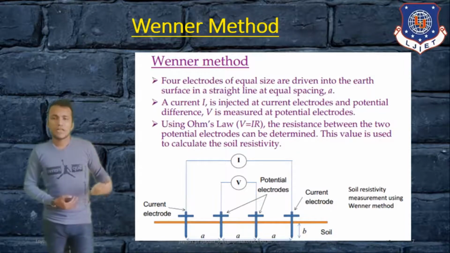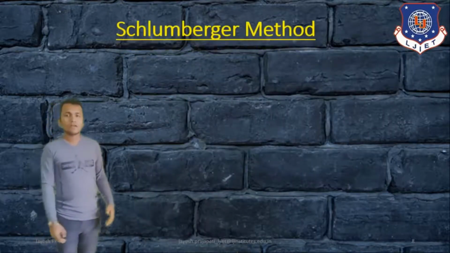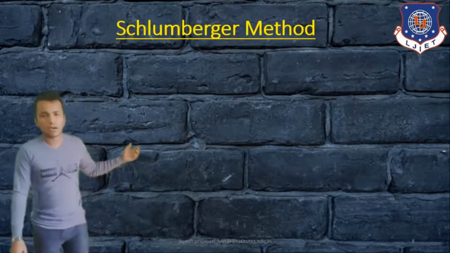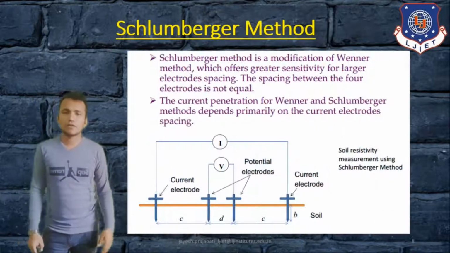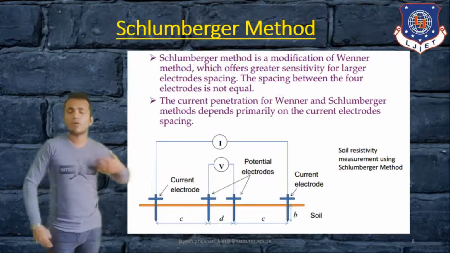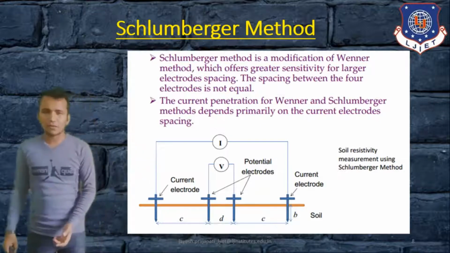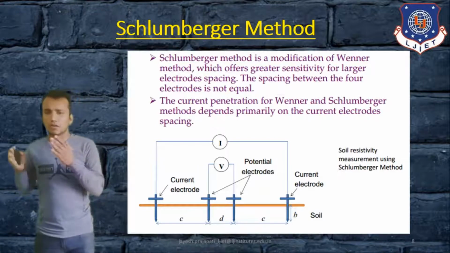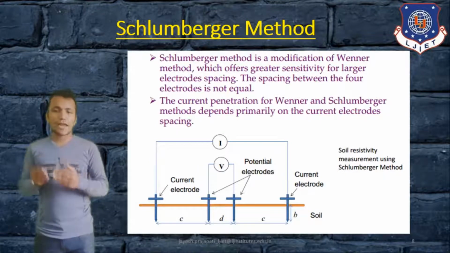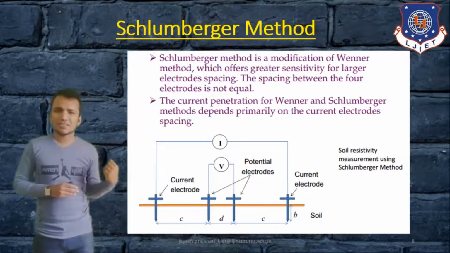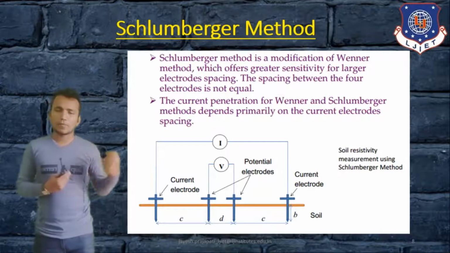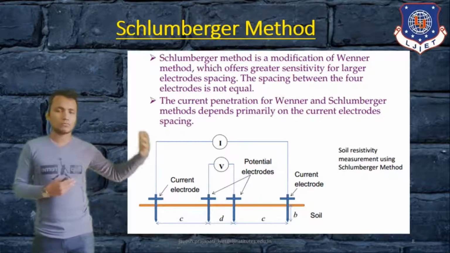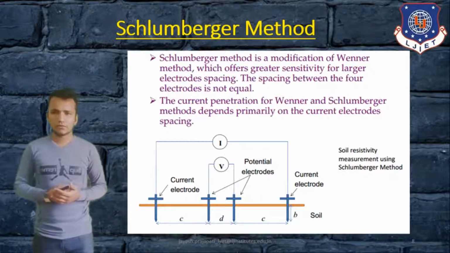Okay. Then the next method is the Kuiper method. In this method, you can see it is a modification of the Wenner method. In the Wenner method we put the electrodes at equal distance, but in the Kuiper method we can put the electrodes at different angles.